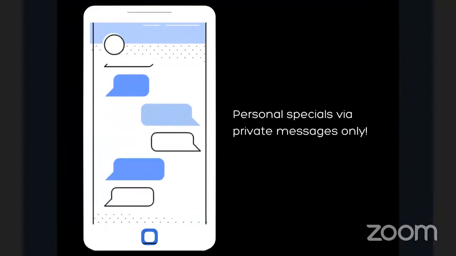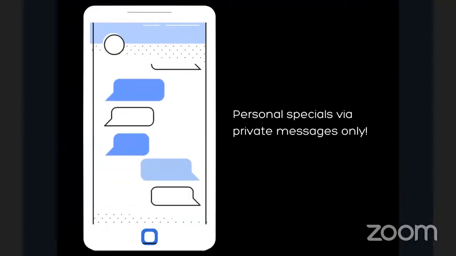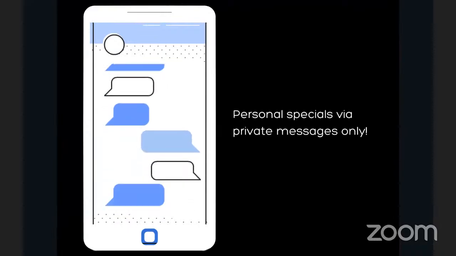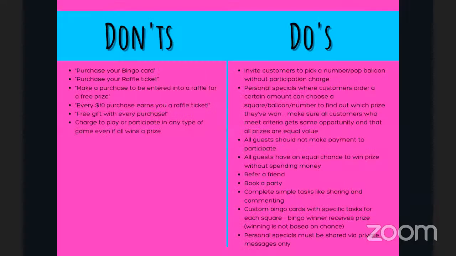I have a quick question, because it is a little bit confusing. Can you go back to the previous slide? How is it okay to have a person do the custom bingo? Because technically they are still purchasing part of the bingo without purchasing a bingo.